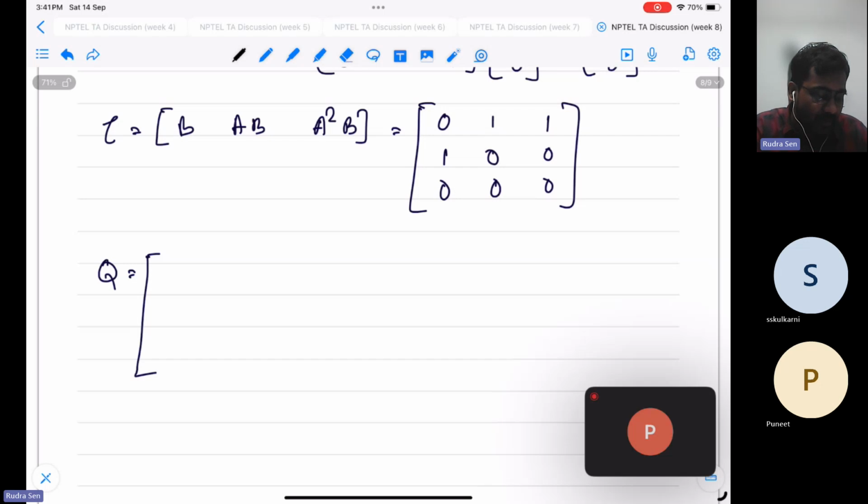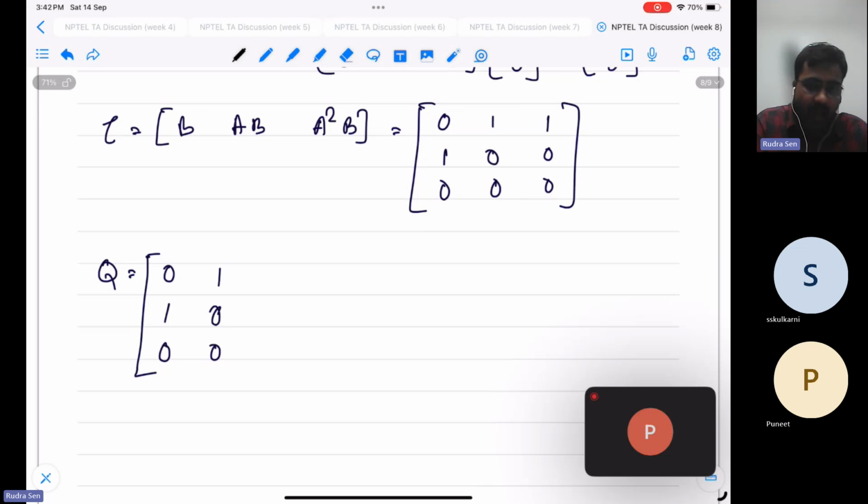So you have this observability matrix. Choose any two linearly independent vectors from here. So I am choosing, let's say, this is one vector and this is another vector: 0 1 0 and 1 0 0.